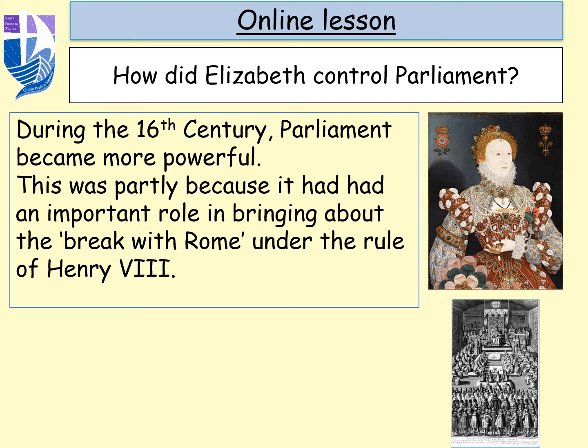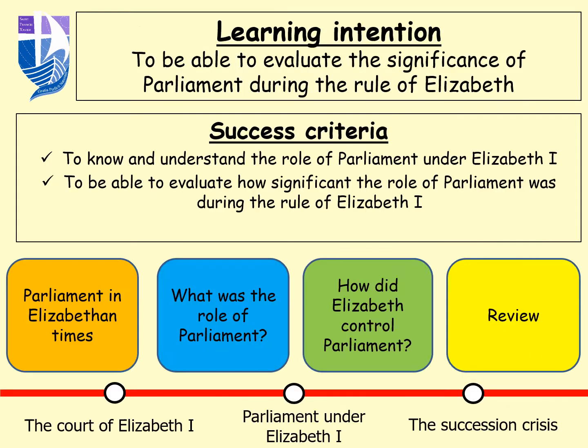And really it had grown in influence during that time in representing the views of people within England. And because Parliament had a role in bringing about the break with Rome, that had had the effect of increasing its power and its importance in the 16th century. So we're going to find out a little bit more about that today. So we're going to look at the role of Parliament, but also how Elizabeth controlled Parliament within this lesson. So you can pause that to read that in your own time.